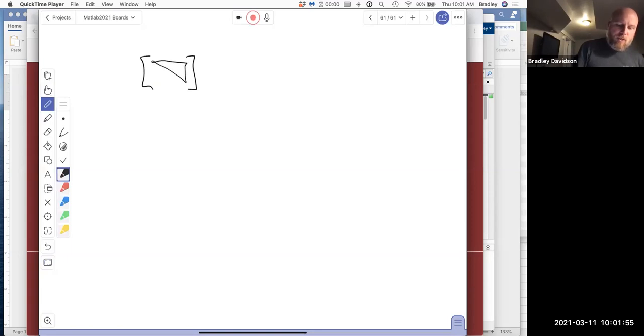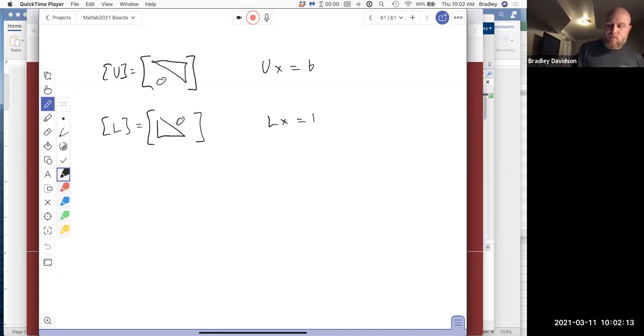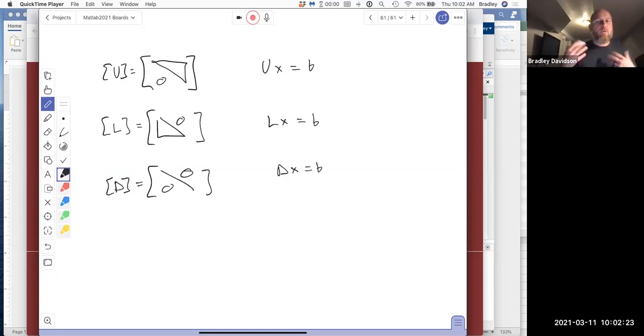That could have been an upper triangular matrix, in the form Ux equals b, or a lower triangular matrix, which we didn't deal with, but Lx equals b, and then also a diagonal matrix that would give us the system Dx equals b. These were our three different situations.